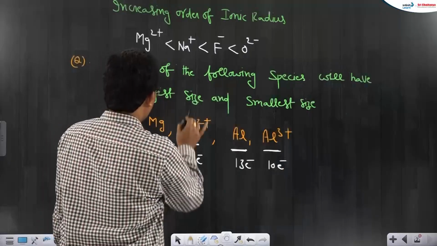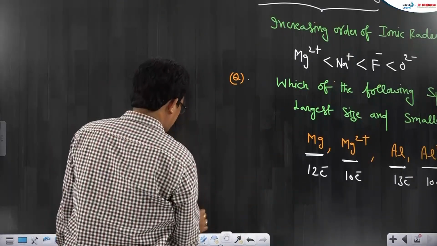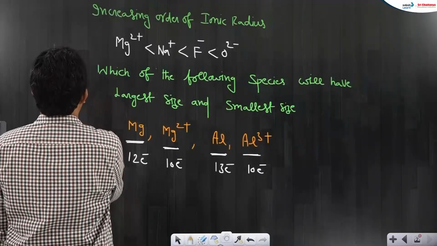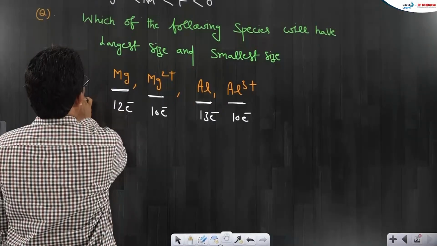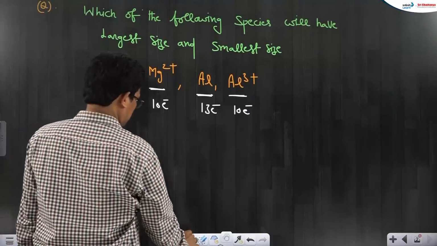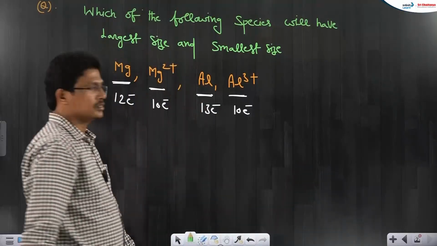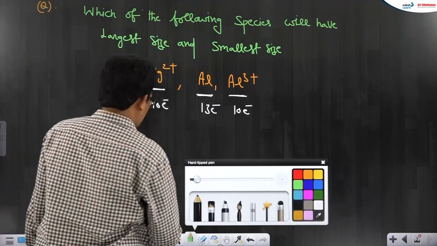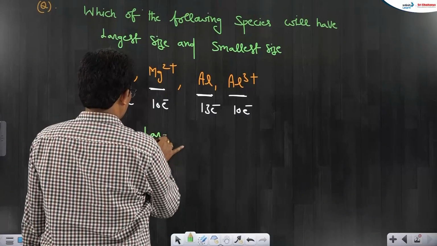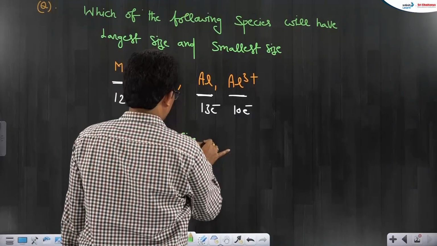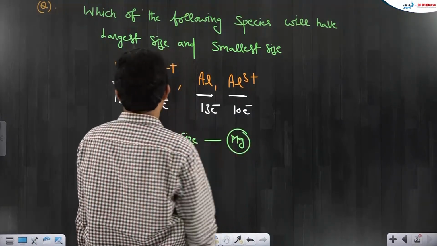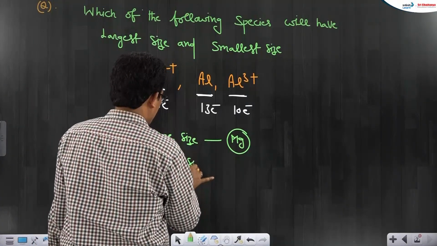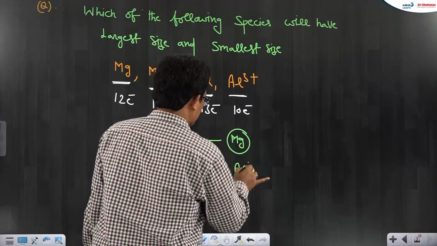The species with large size is magnesium, and the small size is the aluminum ion Al3+.